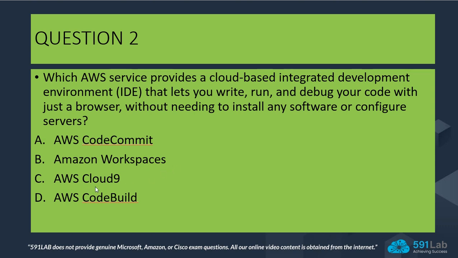And then AWS Cloud9 is a cloud-based integrated development tool, which lets you write, run, and debug your code. That's what the question is demanding. It wants an IDE that will let you write, run, and debug your code. So the correct answer should focus around AWS Cloud9.